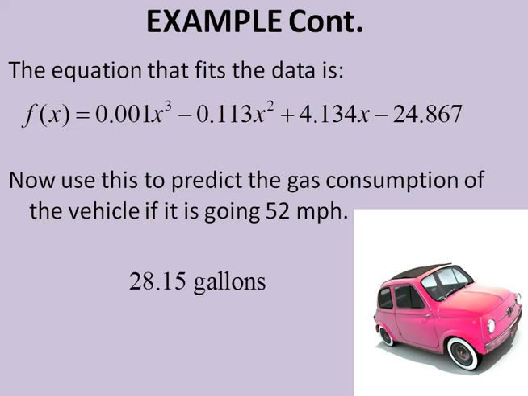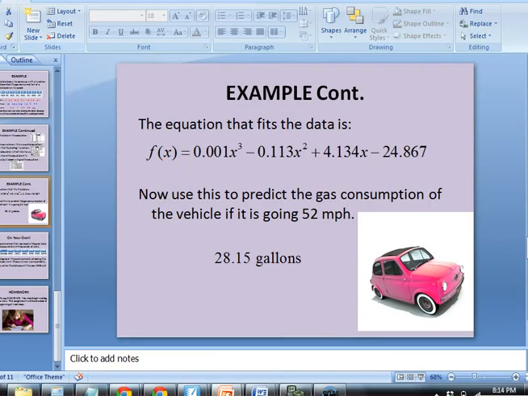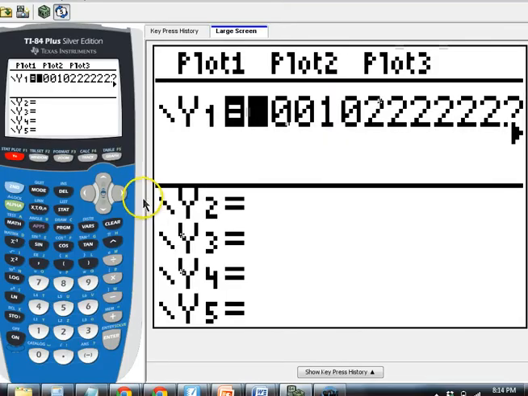Okay, we continue, and you can see hopefully that you found the vehicle would consume 28.15 gallons of gas traveling at 52 miles per hour. Now, I'm assuming you probably did this in the long form. Going back to the calculator, we had that equation stored in Y1. So you can actually tell the calculator to do this calculation for you. Again, we were going 52 miles per hour.